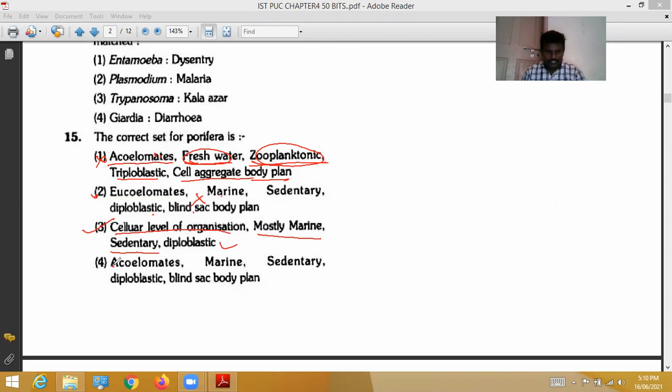Next: acoelomates, marine, sedentary, diploblastic. Poriferans are acoelomates, marine, sedentary, diploblastic, but they don't have a blind sac body plan. The remaining three are correct, but this one is not, so the fourth option is wrong. For the 15th question, the correct option is the third.